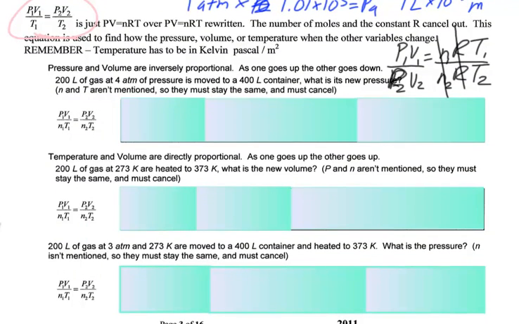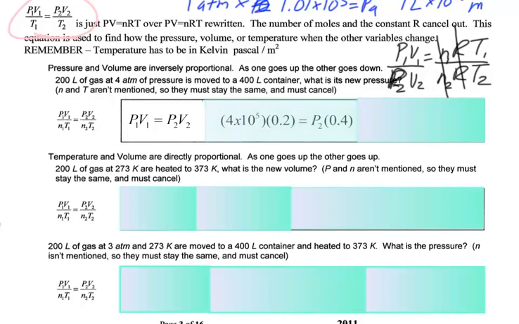So in the first one, if you're reading through the problem, the only thing that's changing is the pressures and the volumes, where the temperature and the amount of material, or the moles of the substance, is held constant. So working through, the units here don't really matter because they're all going to cancel out. Your pressure is going to be in the same unit that you started. So you started at a pressure of 4 atm.